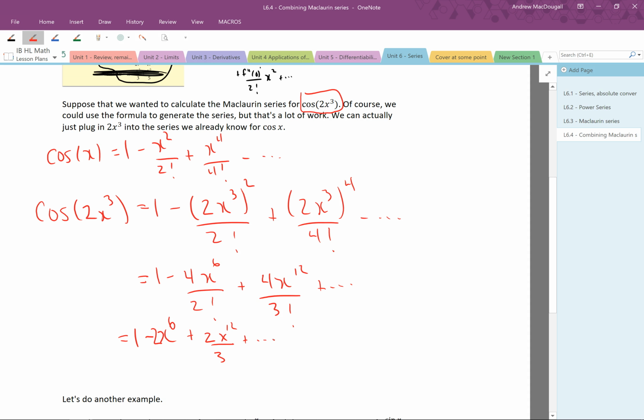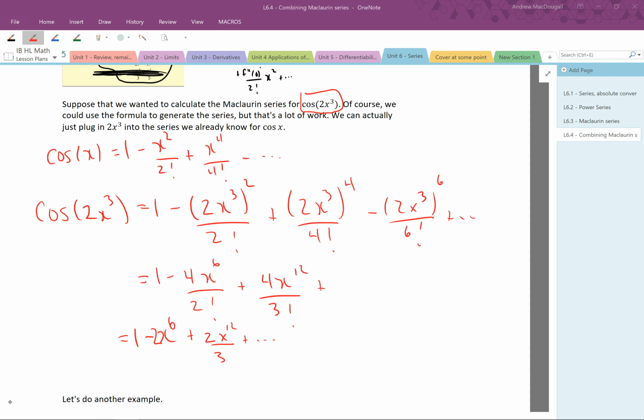And you could get as many terms as you want. It's very easy if I wanted to add another term. Up here, this would be minus 2x cubed to the 6th over 6 factorial. And let's keep going. 2 to the 6 is 64. 64 is not divisible by 6, so 6 doesn't go into that.